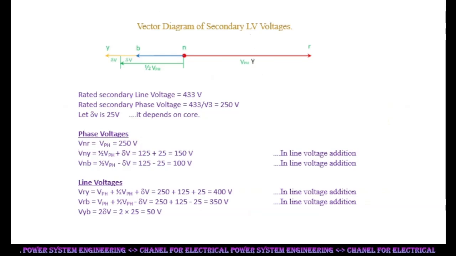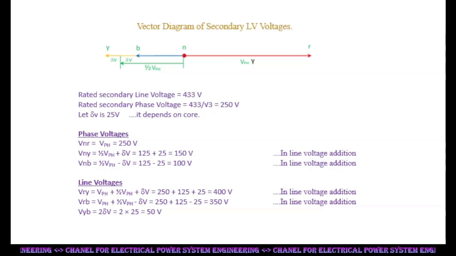Rated secondary line voltage is equal to 433 V. Rated secondary phase voltage is equal to 433 by root 3, equal to 250 V. Let dV be 25 V. It depends on core. Phase voltages.